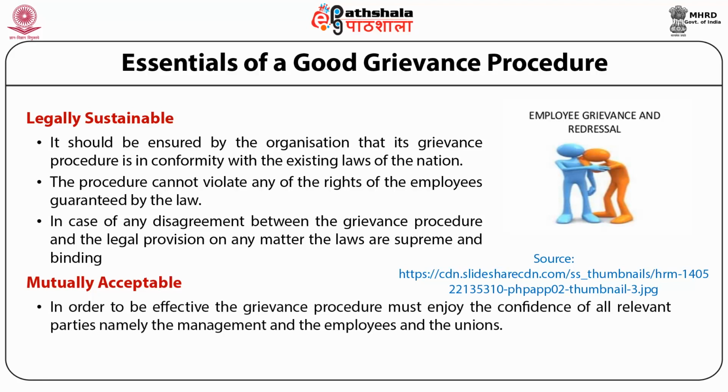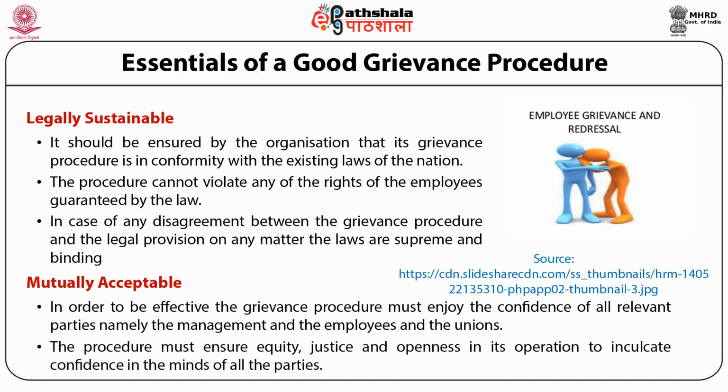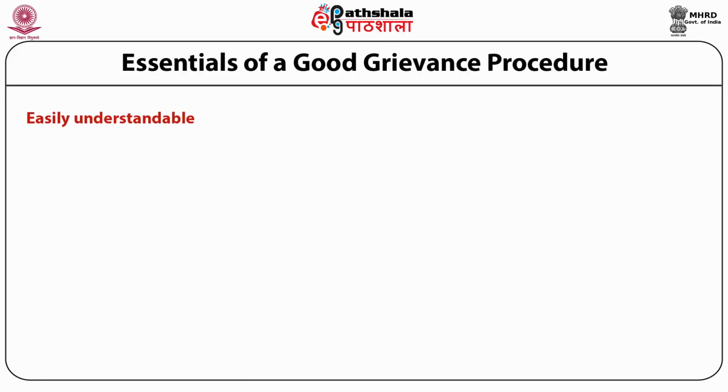Next essential of a good grievance procedure is mutually acceptable. In order to be effective, the grievance procedure must enjoy the confidence of all relevant parties, namely the management, the employees and the union. The procedure must ensure equity, justice, and openness in its operations to inculcate confidence in the minds of all parties. Easily understandable.